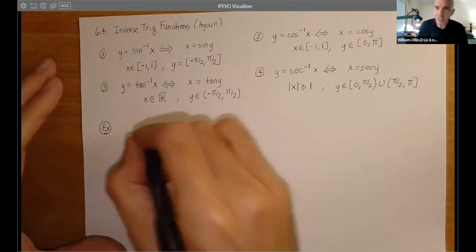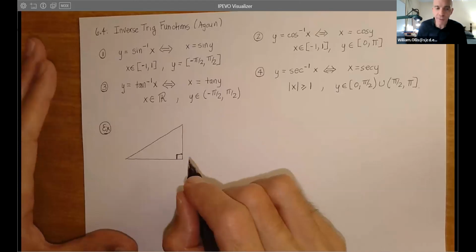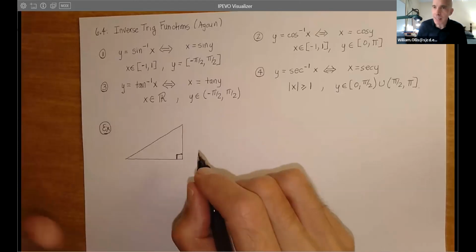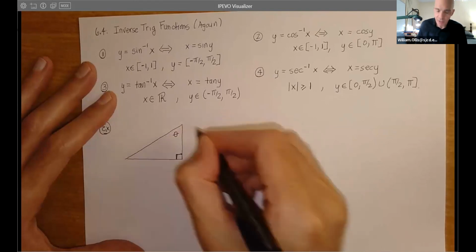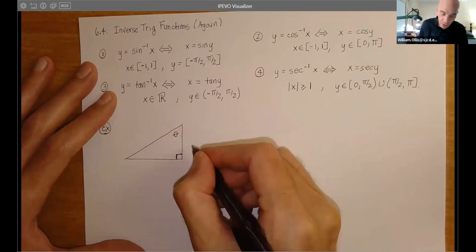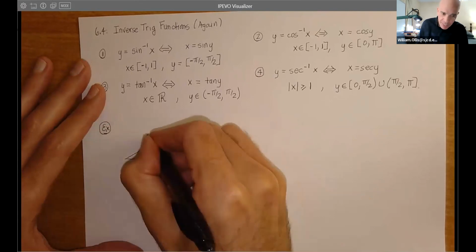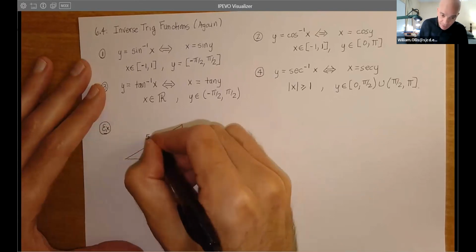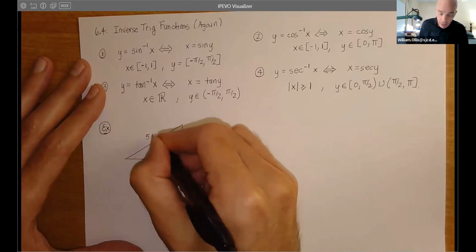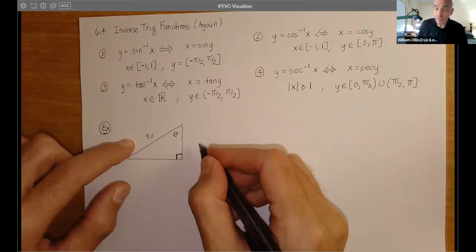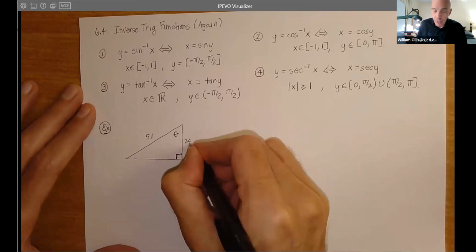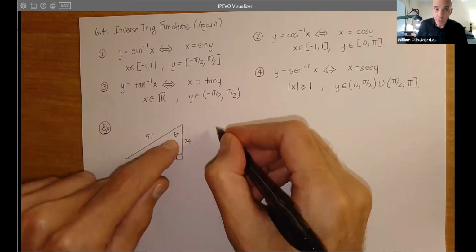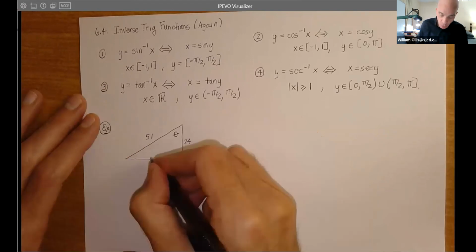So you can put any kind of label as far as numbers go, but mathematically it might not make any sense. So here we'll take our acute angle theta to be this one here, and we're going to be given, in this particular case, that the hypotenuse is measurement 51. The leg adjacent to theta will be 24, and then the leg opposite will be 45.